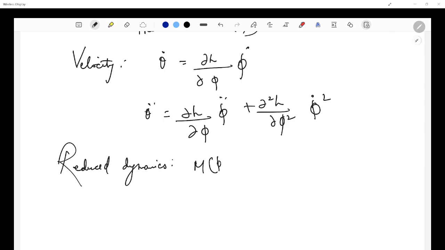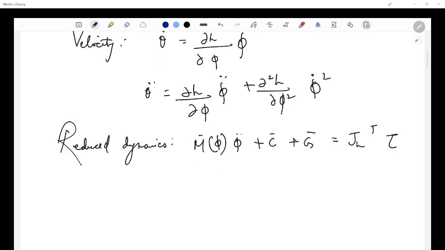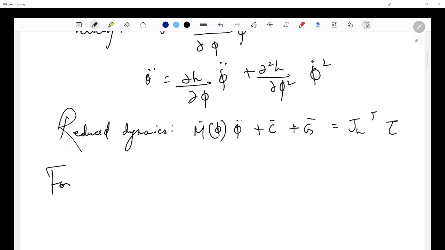It is M(phi) into phi double dot plus C. Let's take it in hat form. C plus G is equal to J_h transpose into tau. Okay. So let's see what the force along the constraint is.